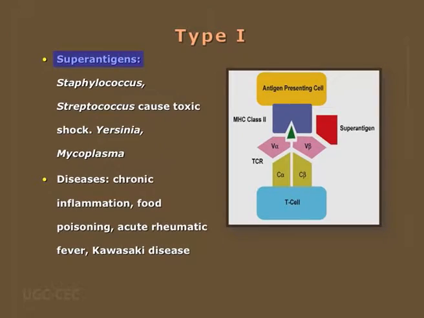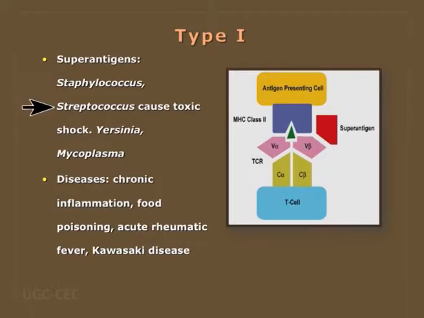Now coming to type 1, it is again classified into different types. The first is the superantigens. If you ask what superantigens are, they are small molecules produced by bacteria like Staphylococcus, Streptococcus, Yersinia or Mycoplasma, which can create toxic shock. Now how do they do it?